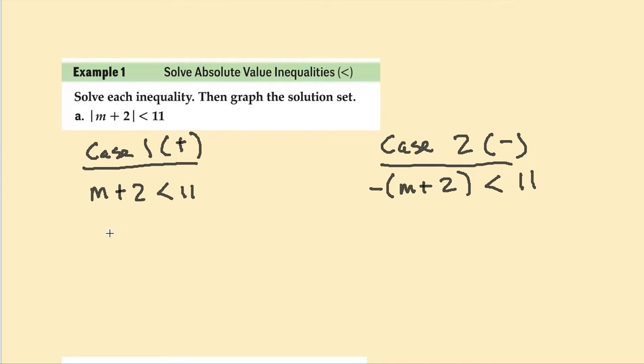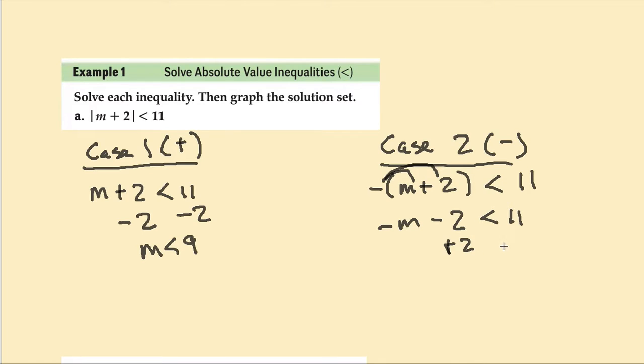So let's solve case 1 first. We'll subtract 2 from both sides. We'll get m is less than 9. Then over here, if you remember how we distribute those negative signs, it's the same as multiplying by negative 1. So you get negative m, and it changes the sign of everything in there, and it becomes negative 2, less than 11.